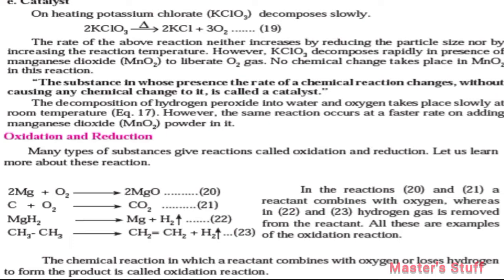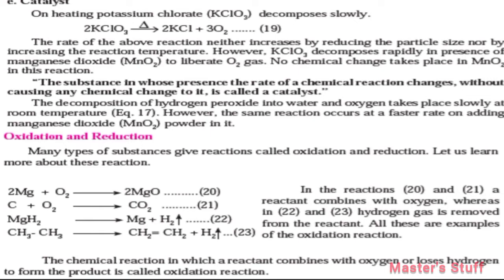is called a catalyst. Similarly, the decomposition of hydrogen peroxide into water and oxygen takes place slowly at room temperature. However, the same reaction occurs at a faster rate on adding manganese dioxide, MnO2, powder in it, where manganese dioxide acts as a catalyst.